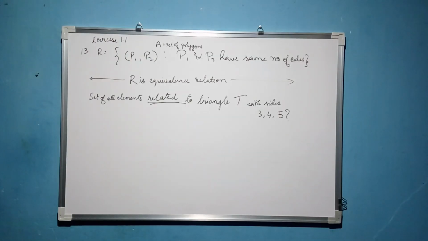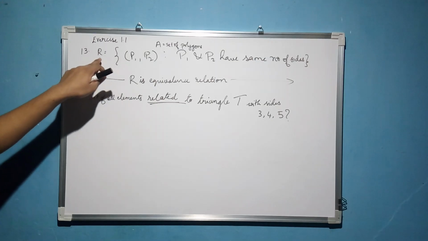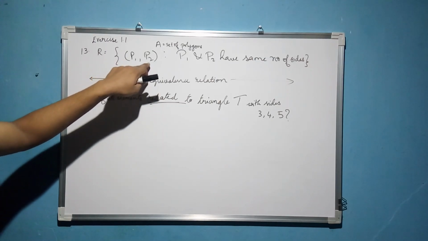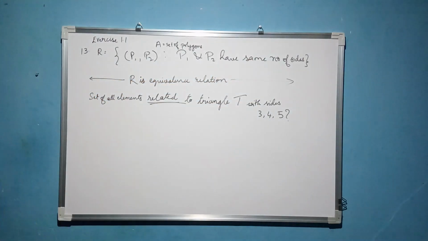Next question is question 13. This question has the set of all polygons A. Polygons could have any number of sides, from 3, 4, 5, 6 and so many. The first part is a relation where P1, P2, this is x, y, and both have the same number of sides.